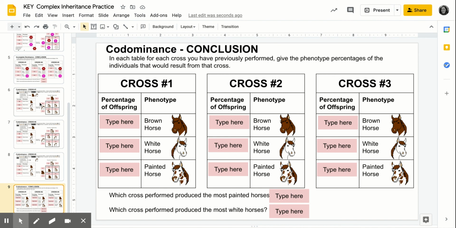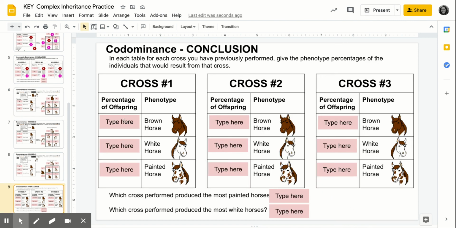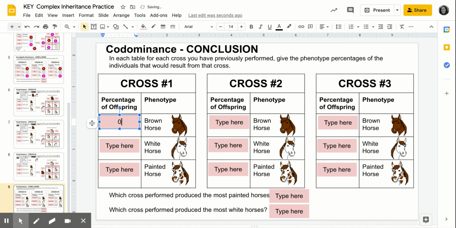So in cross one, let's do it. We had 0% brown, 0% white, but 100% painted. All right, cross number two.